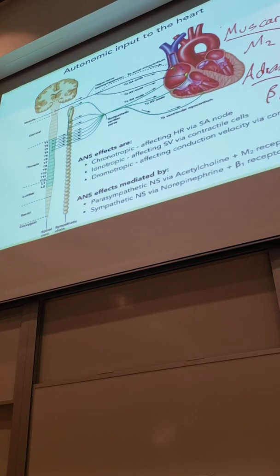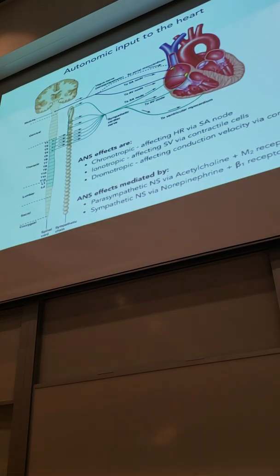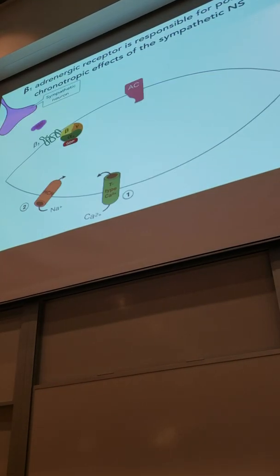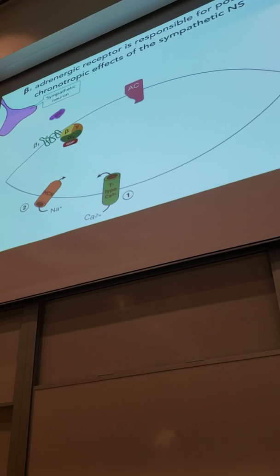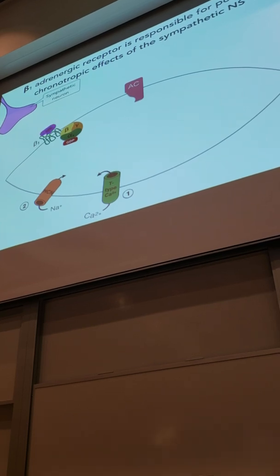Throughout the rest of the course, we're going to encounter some other adrenergic and muscarinic receptors. They're both G-protein coupled receptors, so how they work is very, very similar. We'll run through this as a way to understand what's happening inside of our cells.